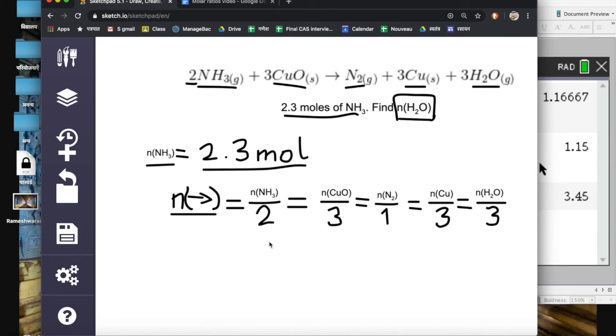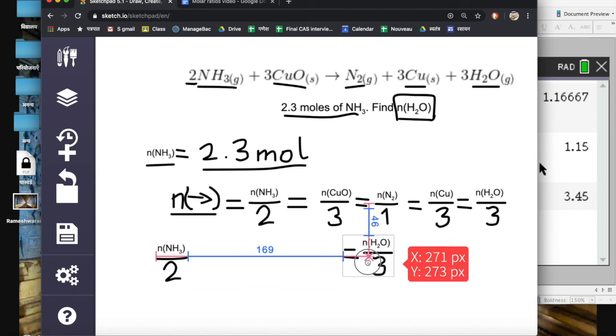So what you do is you again focus on the parts that are relevant to you and ignore the rest. You're given the number of moles of NH3, so you take that part of the equation, and the 2. Remember, the coefficient is important, the denominator, which was the coefficient from the stoichiometric equation.